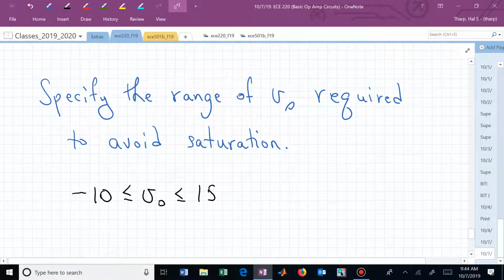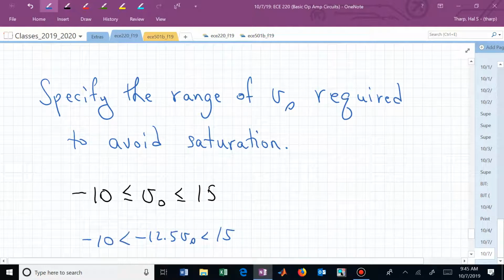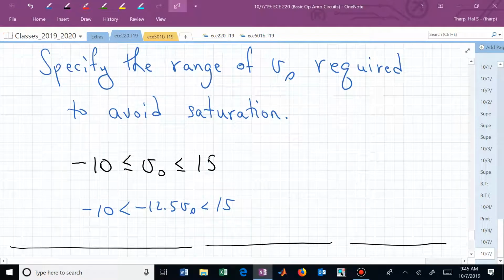We know this is true. V sub 0 has to live between the supply rail voltages, and those were set at -10 and 15. But V sub 0 is -12.5 V sub S. And now we simply divide that out.